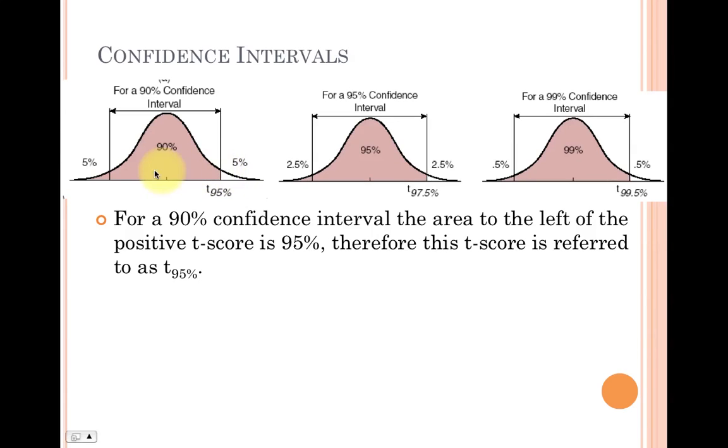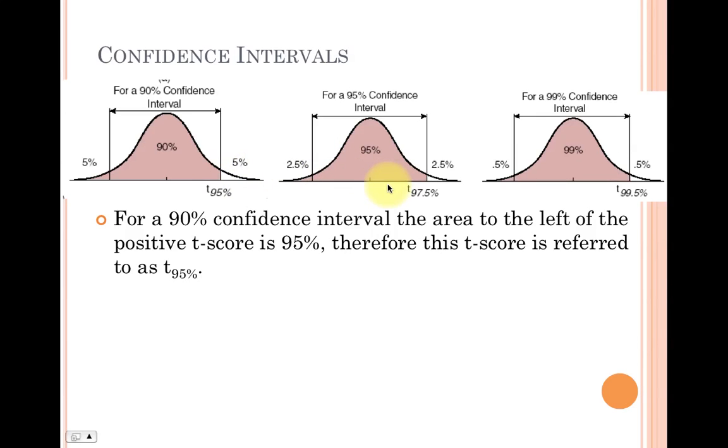So we have the middle 90%, which is associated with a 90% confidence interval, and then we have this bottom 5% in the left tail. So the entire area to the left of this t-score is basically t subscript 95. The area to the left is 95%, so we refer to the t-score as t sub 95.